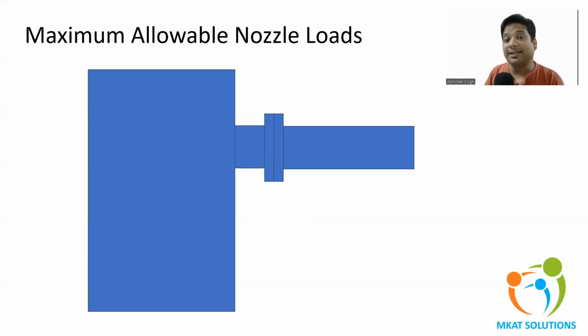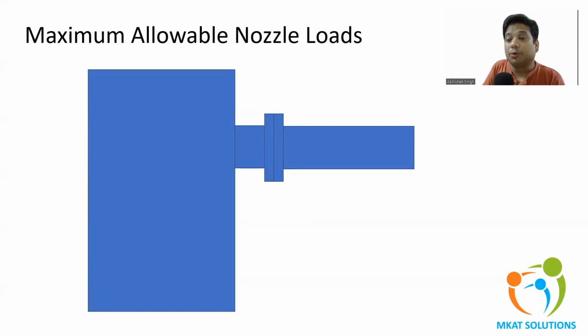So if we decide the nozzle load at that time, it will be too late to finalize the vessel. So normally we have to do it beforehand. That is the reason we have to find out the maximum nozzle loading which is allowable for this nozzle beforehand, before getting the data from piping.